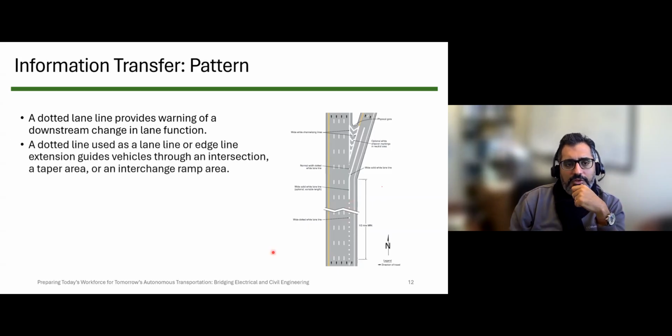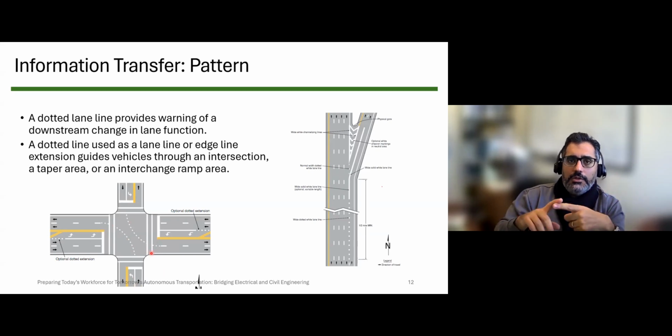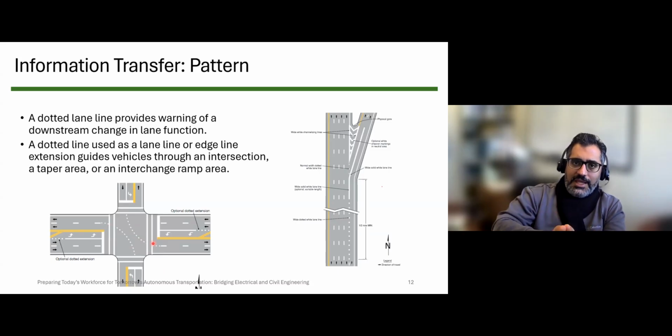We also have dotted lines that are used within the intersections to guide vehicles. The most important use of them is for left turns. In order to make sure that left turns are happening safely, that drivers are not lost as they are navigating the left turn, so we avoid a head-on collision at the intersections, we make these dotted extensions to make sure that the drivers are staying on the area that is assigned to them.